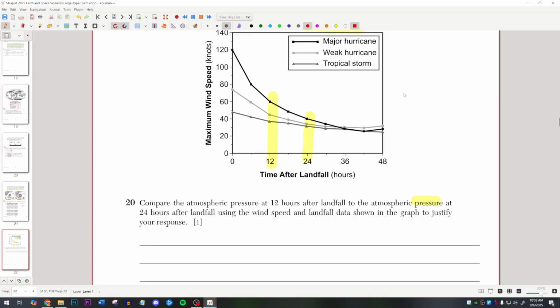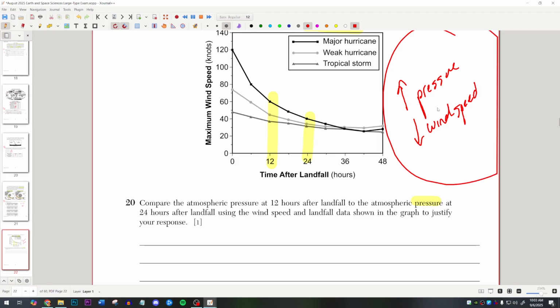As pressure goes up, wind speed goes down. That's what you had to know for this. So essentially, the lower the pressure, the faster the winds. So we could see the wind speed's going down, right? So the pressure is going to go up. And it says, using the wind speed and landfall data shown in your graph to justify the response.